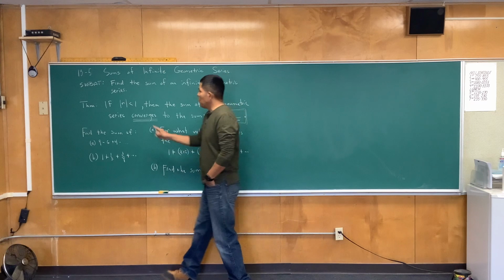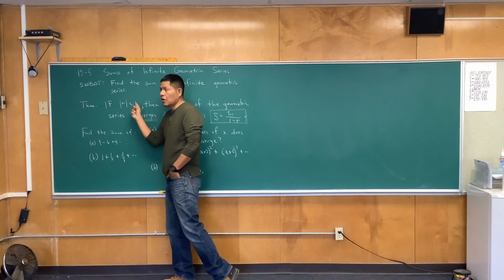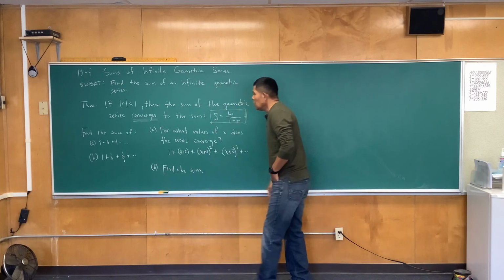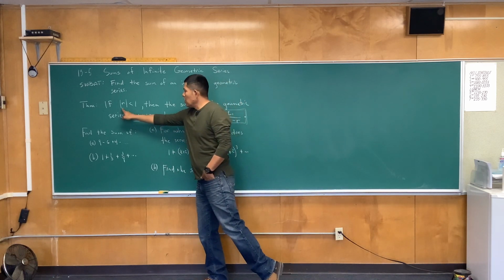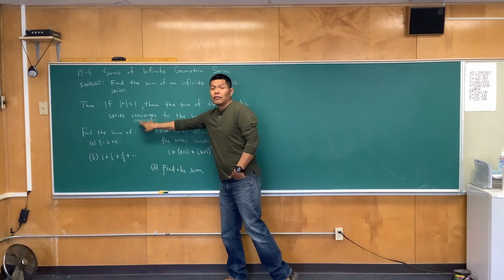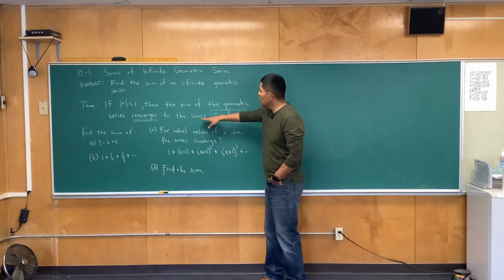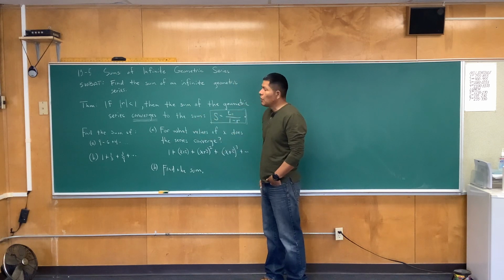The important thing is looking at your fraction, your common ratio. Whenever that ratio is less than 1, the series will converge. If it converges, then all of a sudden we can find the sum.